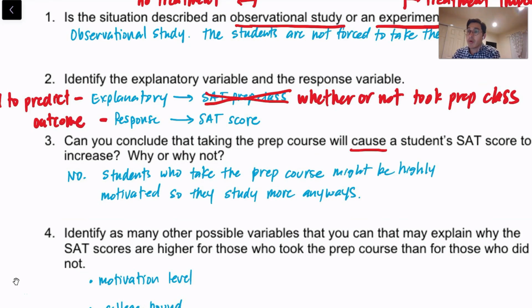They might have just been harder workers to begin with, okay? Or just might have studied more to begin with. So it's really hard, nearly impossible to show that one thing causes another simply by observing it. Okay? We need to design a controlled experiment to actually show cause and effect.